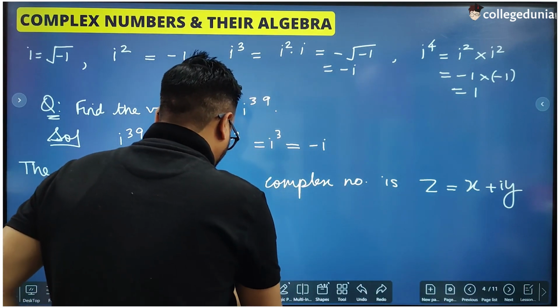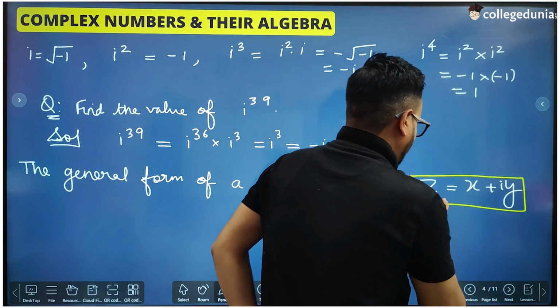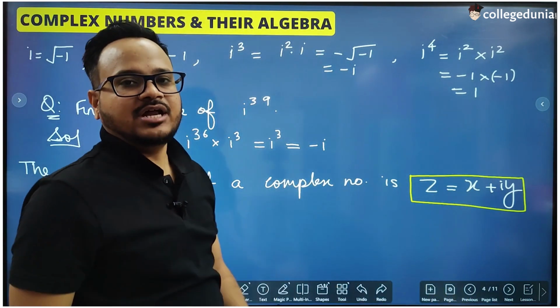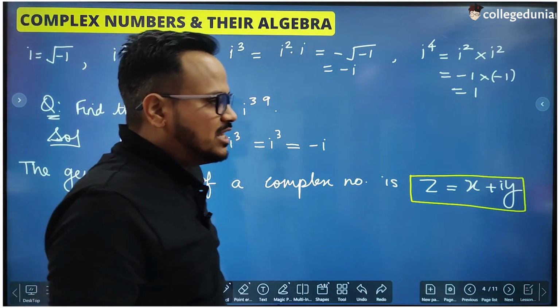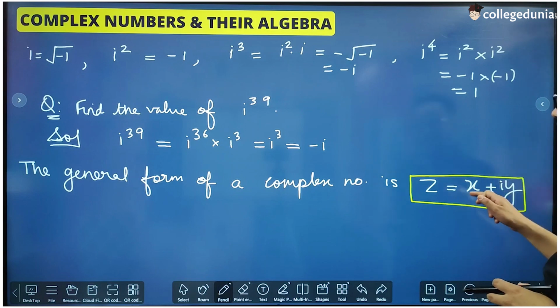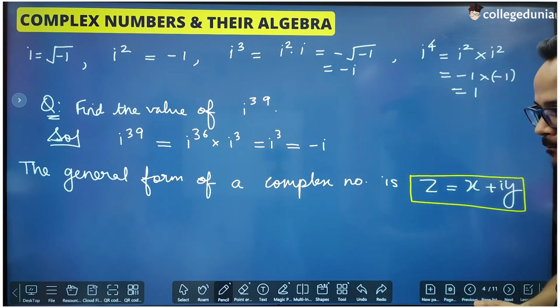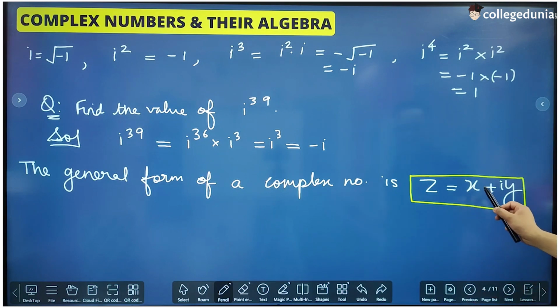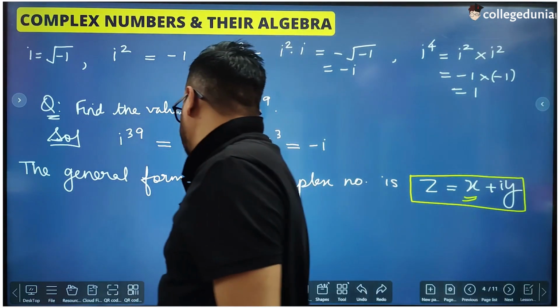This is the general form of a complex number, right? Any complex number is represented by the symbol z, and it is a combination of two parts. One part does not contain iota and the other part contains iota. The part which does not contain iota is called the real part of z, and the part which contains iota is called the imaginary part of z.